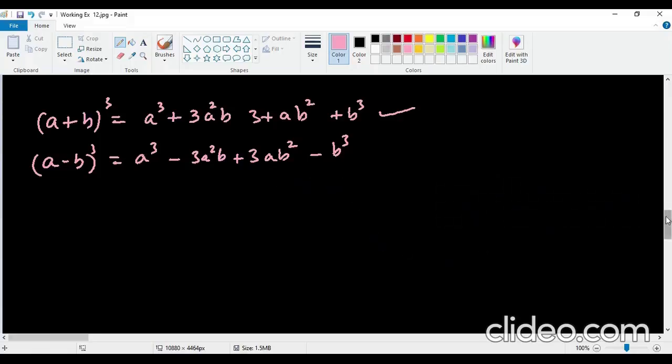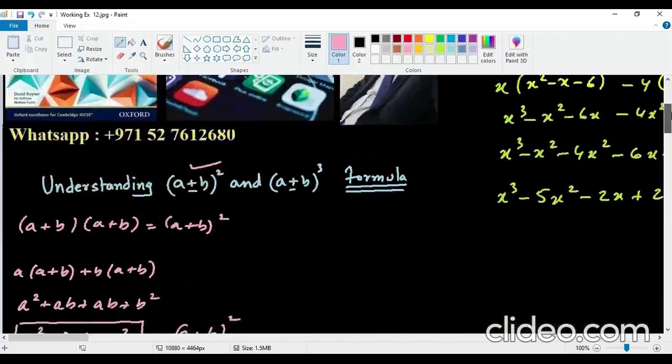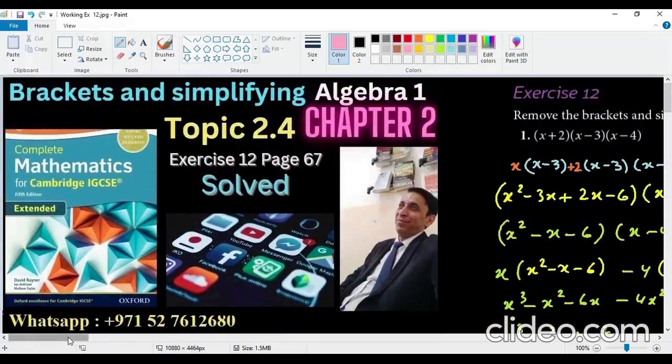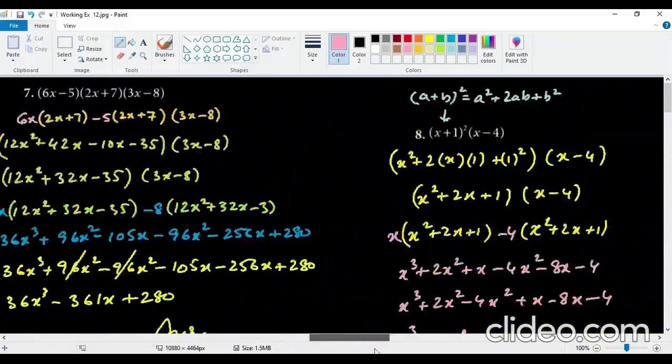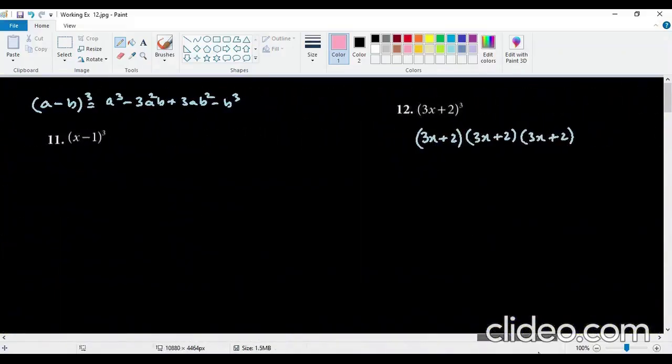Now in here what we have is A minus b. Now in here, consider x as a and 1 as b. So what will I write here?